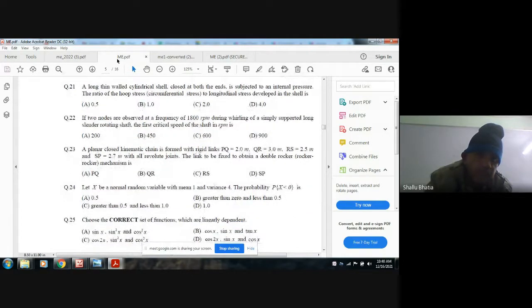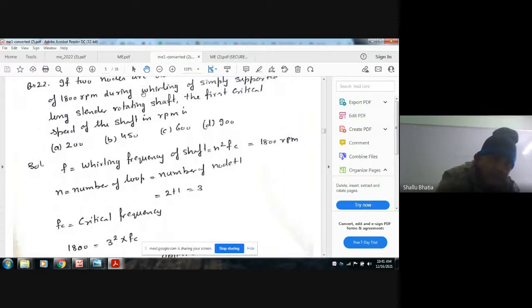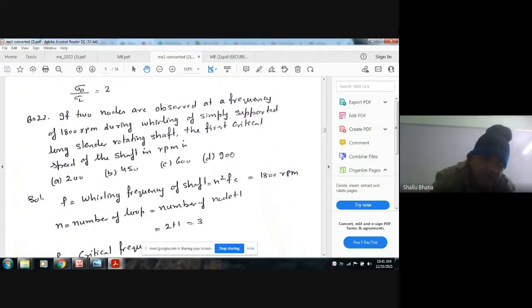If two nodes are observed at a frequency of 1800 rpm during whirling of a slender, long, uniform rotating shaft, the first critical speed of the shaft in rpm is: A 200, B 450, C 600, D 900. So the whirling frequency of the shaft is given as n square times fc, where fc is the critical speed and f is that frequency.